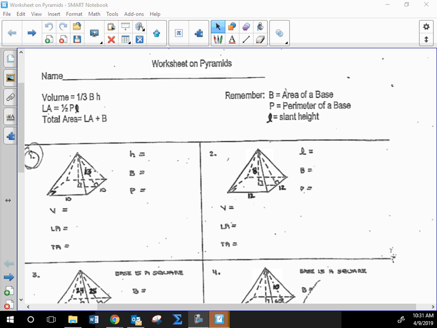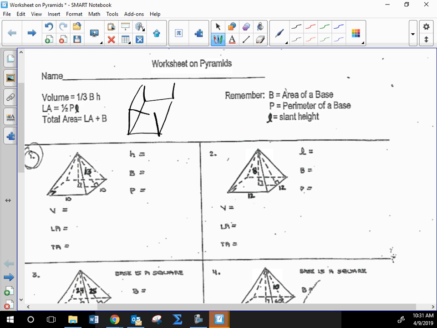So for our prism, for lateral area, we did the perimeter of the base and then multiplied that by our height. So we took our base times height, base times height, base times height, base times height. And that's because our faces were rectangles.